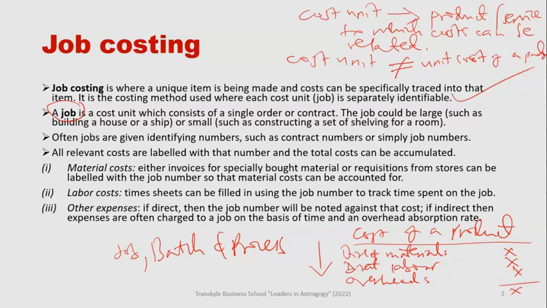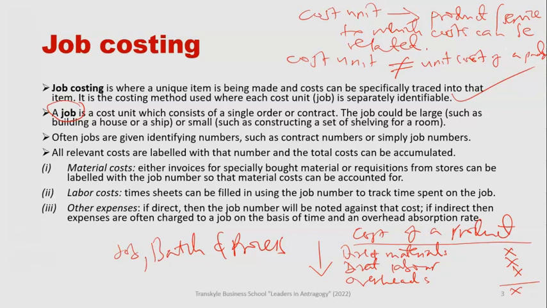Alright, so a job is a cost unit which consists of a single order or contract. The job could be large, such as building a house or a ship, or small, such as constructing a set of shelving for a roof. Other jobs are given identifying numbers, such as contract numbers or simply job numbers.